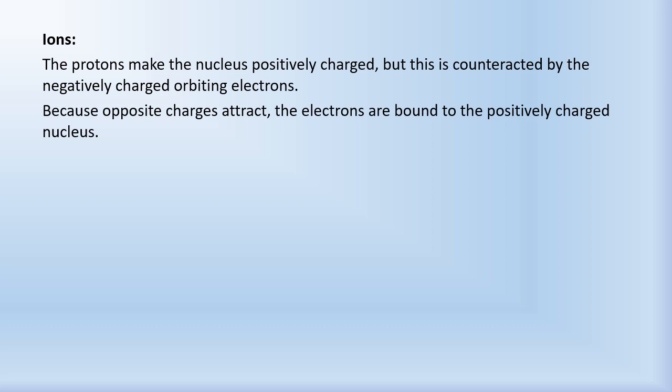If you put the negatively charged end to the positively charged end of another one, they'll snap together and grip. This is because opposite electrical charges attract. And this is what happens to keep the electrons bound to the atom. They're attracted to the positive nucleus.